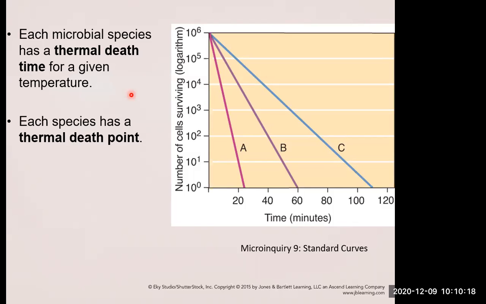Yeah, so in all cases, we start with 10 to the 6 bacteria. Species A, we eliminate all these bacteria in 20 or so minutes. After an hour, B is dead, but we still have about 1,000 cells per whatever volume of strain C. So we could say that A is the most susceptible and C is the most resistant to death by heat.